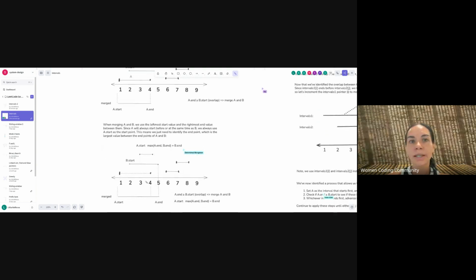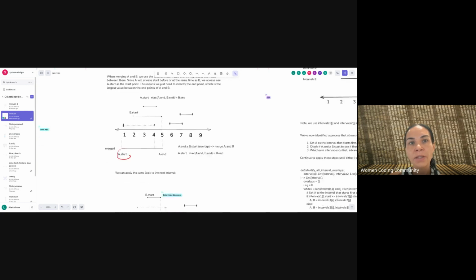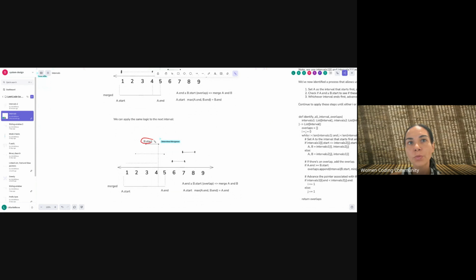So at the end of this operation we will have a new merged interval. This is our new A interval, starting at 1 as before, and ending at 5. Now this is our A interval, and we're jumping to the new B interval.